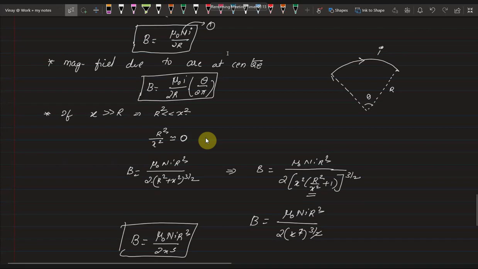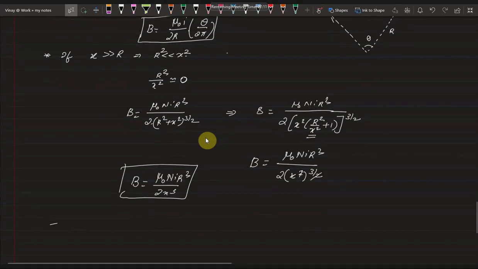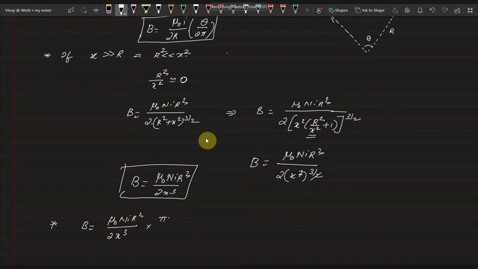So from this equation, I will tell you one small conclusion and we'll wind up today. What is that conclusion? Here, B is equal to mu naught n I r square by 2x cube. Multiply and divide with pi.